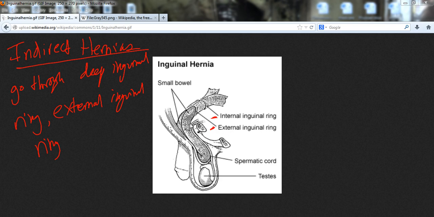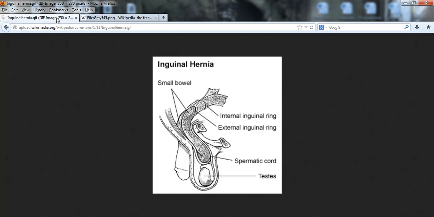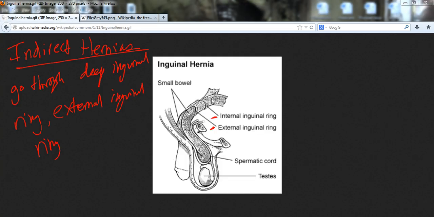Same terminology. So we're going to go through the pathway. We were going through that deep inguinal ring. We're going to come out through the external inguinal ring, and that is simply an indirect hernia.